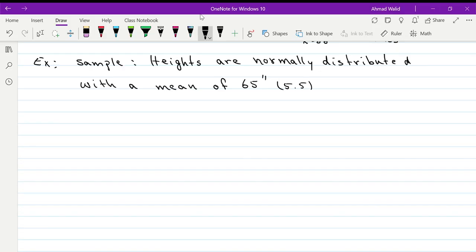And a standard deviation of 3 inches. Correct?